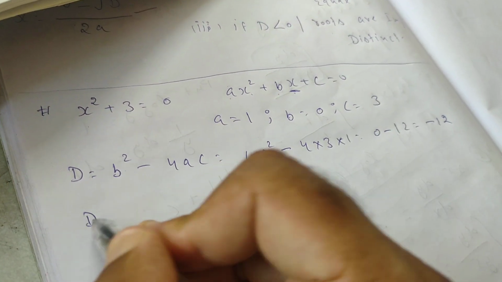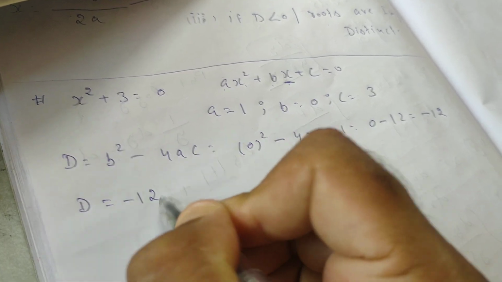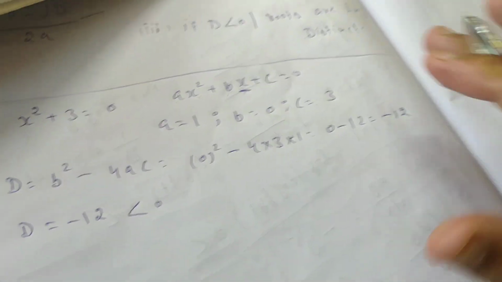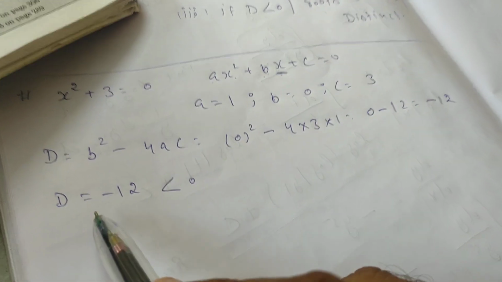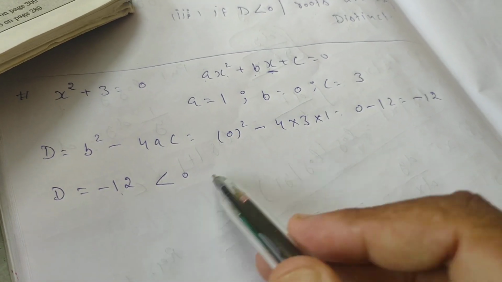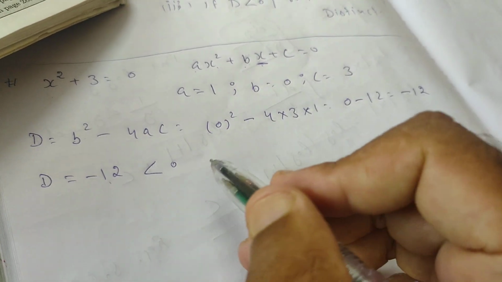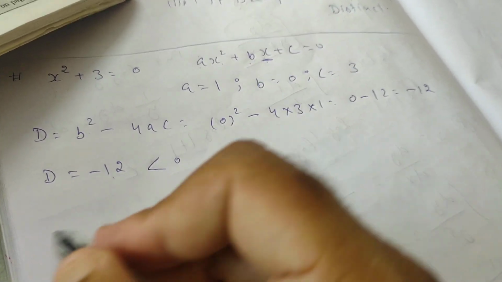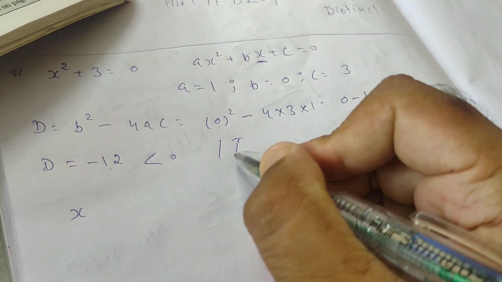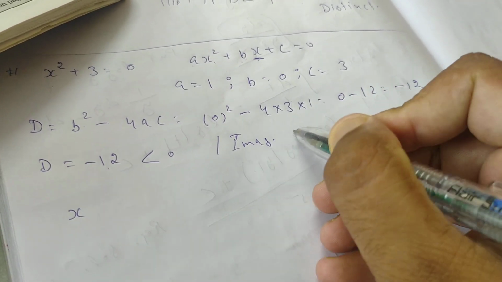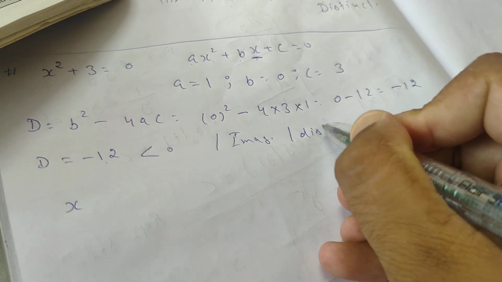So d is minus 12, less than 0. In this exercise, every time we get the value of d less than 0. So our roots are imaginary and distinct.